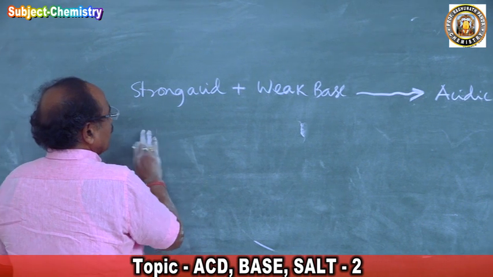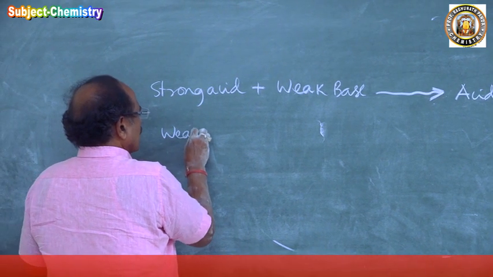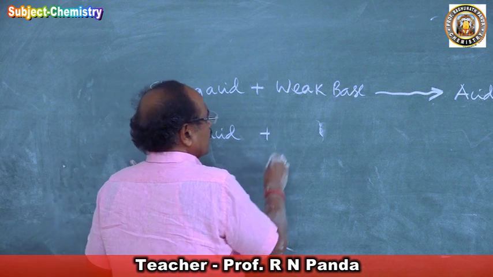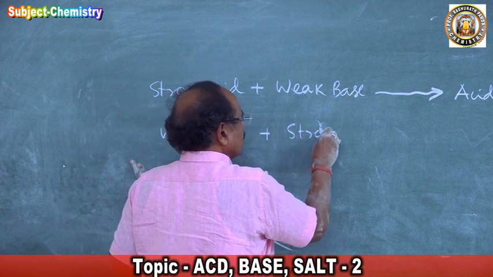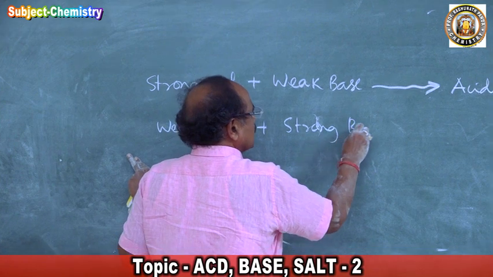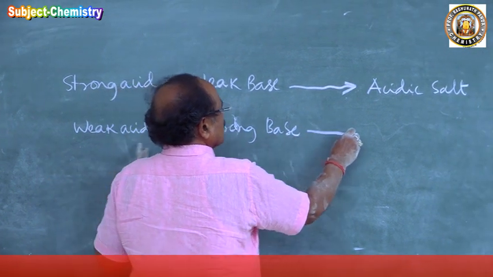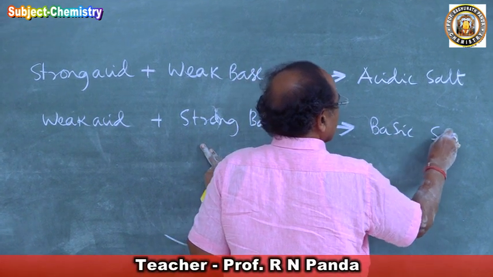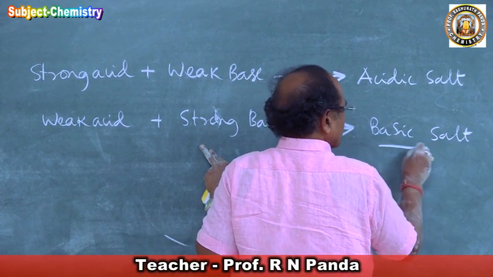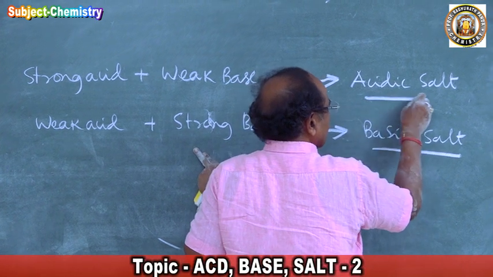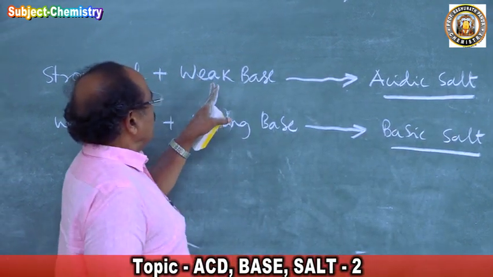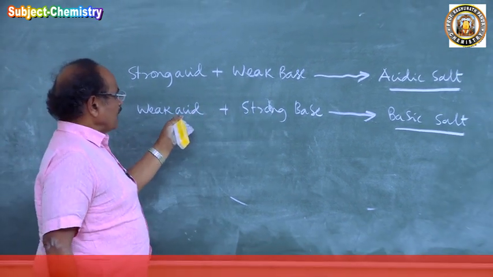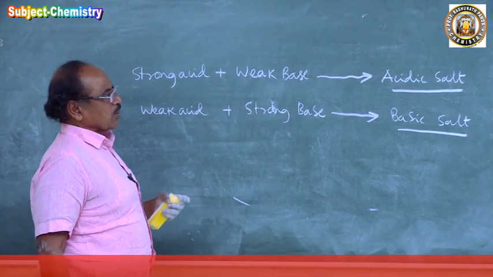And if you take a weak acid and react it with a strong base, this will form a basic salt. This salt will exhibit basic property and that salt will exhibit acidic property, because who is dominating? The acid is dominating, so acidic salt; the base is dominant, so basic salt.